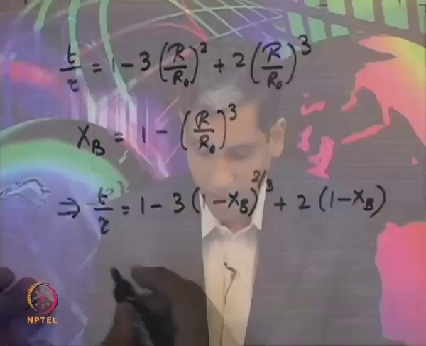So, this is the relationship between the time taken for the core to reach a certain location and the corresponding conversion, and the conversion is obviously a function of the size of the unreacted core.